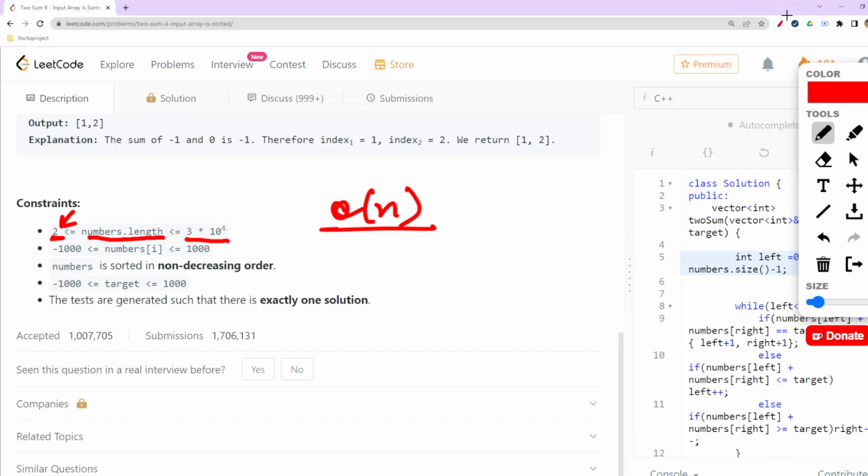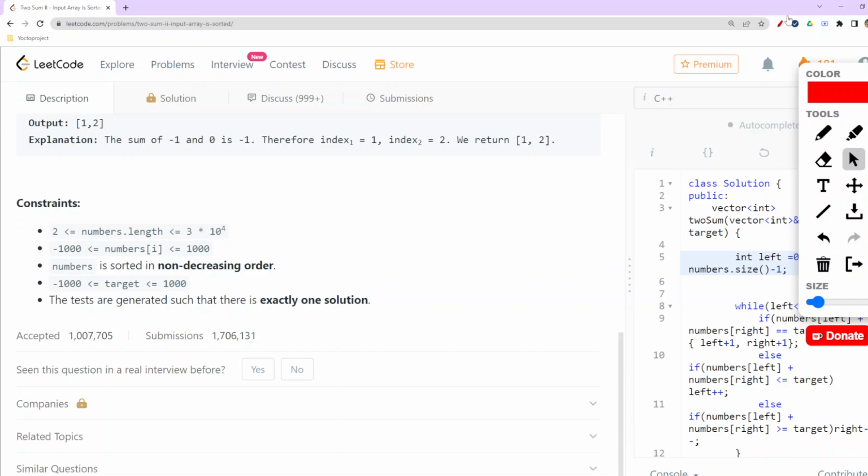In that sense it is order of n here, and the numbers which are there are negative also and positive also. The array is sorted in non-decreasing order, that is ascending order here, and the target is also within this range only, and the test cases are generated such that there is exactly one solution, as was mentioned in the question also.